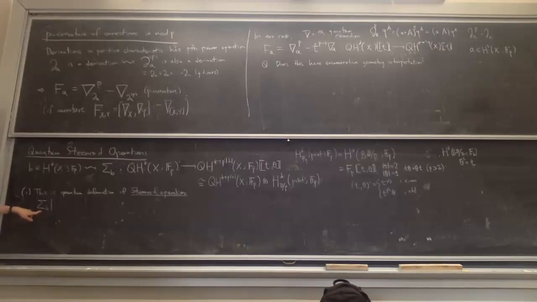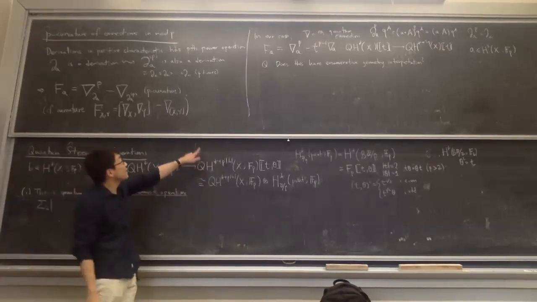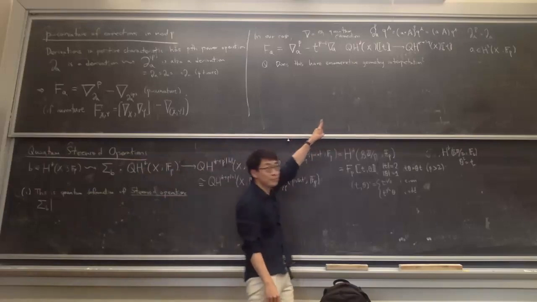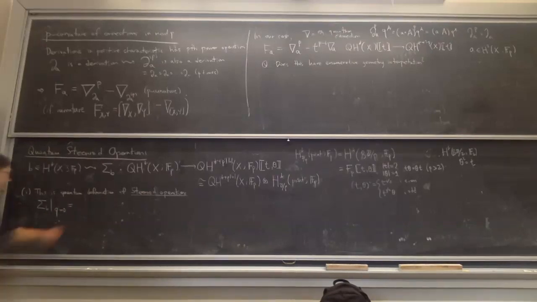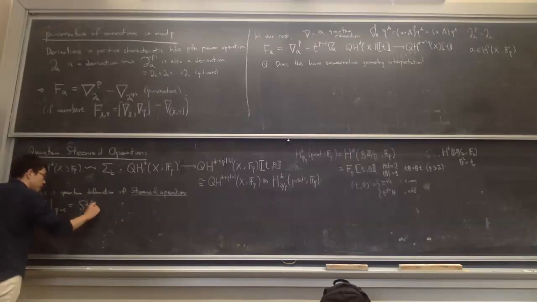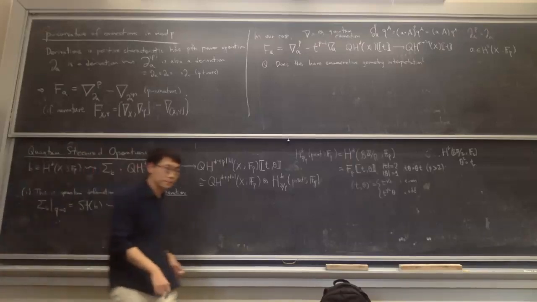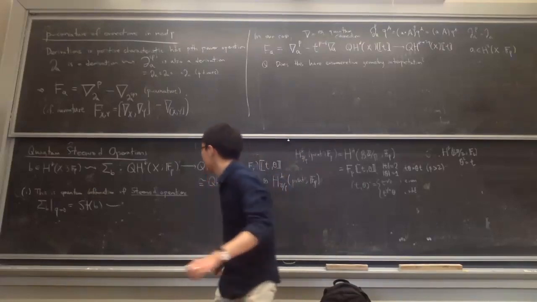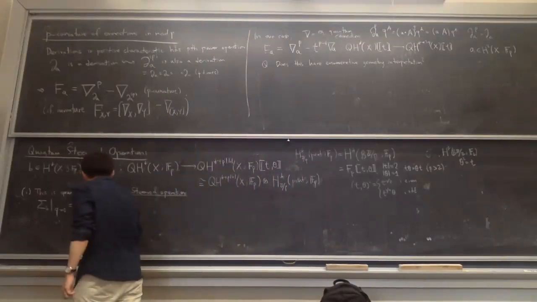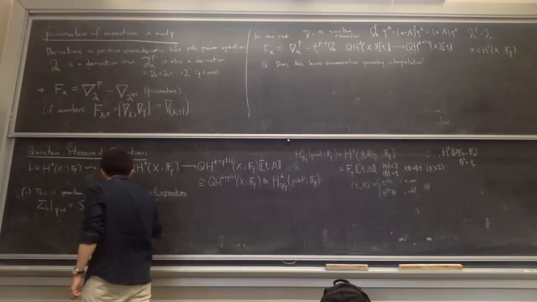If I take this operation and then specialize all the variables, the Novikov variables that keep track of the degree of my holomorphic spheres, if I set all of those to 0, so if I forget about all the contributions coming from non-constant spheres, then this operation is going to be given by taking the cup product with something called the total Steenrod power.